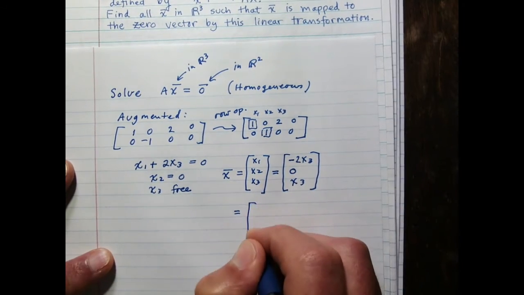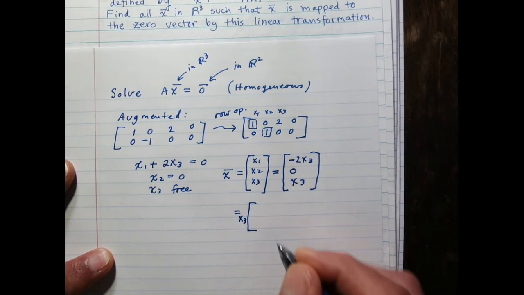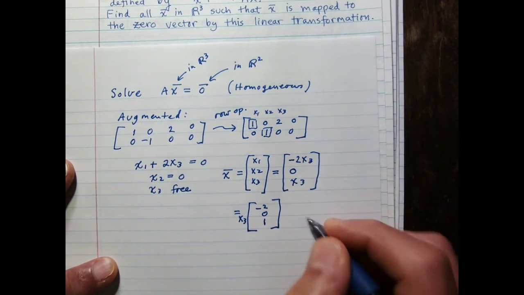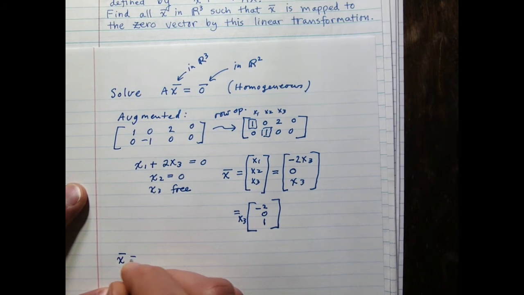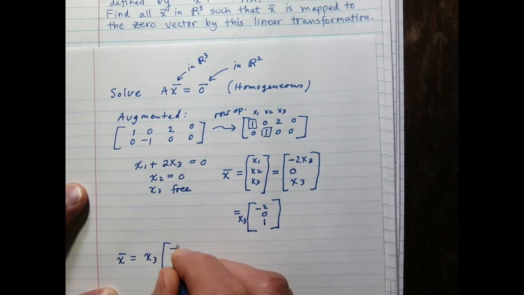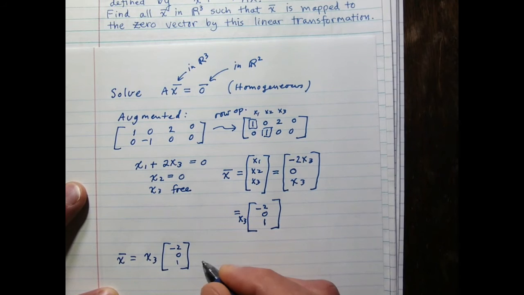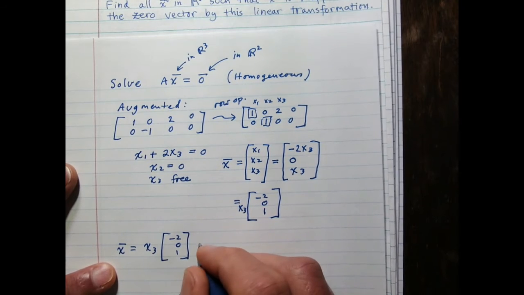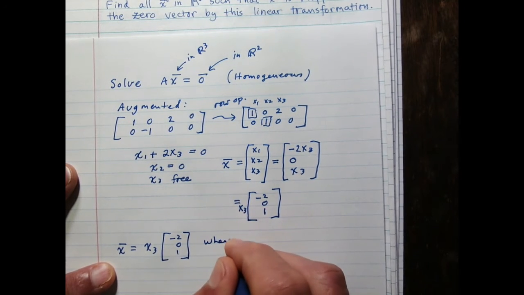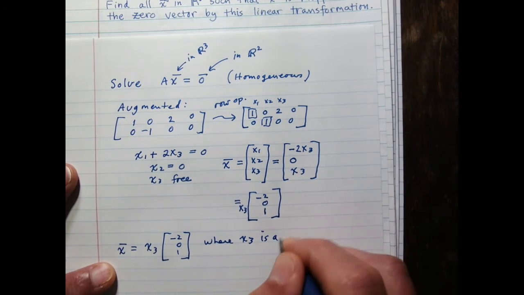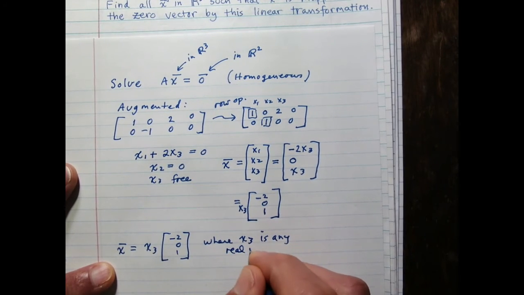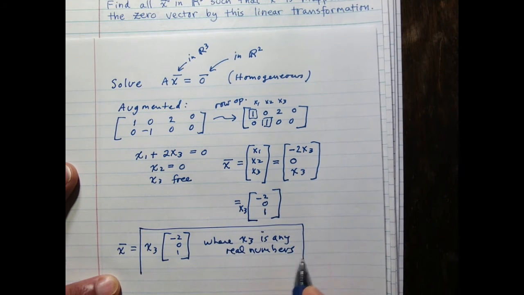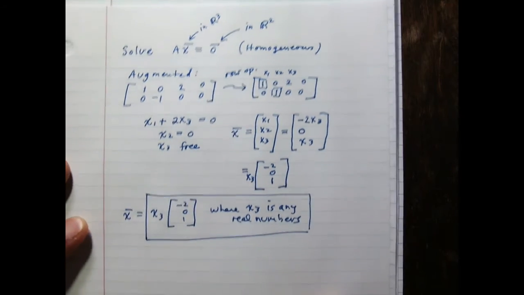So I can express this X as, I want to factor out my X3 times negative 2, 0, 1. So find all x here, we can say it's going to be of the form x3 times negative 2, 0, 1, where x3 is any real number. So that's the general solution expressed in vector form.